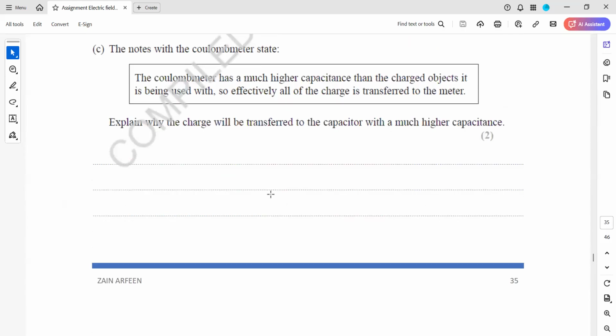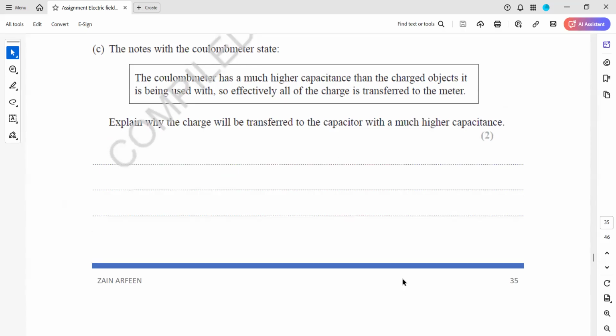The next, the notes with the coulomb meter state that the coulomb meter has a much higher capacitance than the charged objects. It is being used so effectively all the charge is transferred to the meter. Explain why the charge will be transferred to the capacitor with much higher capacitance.